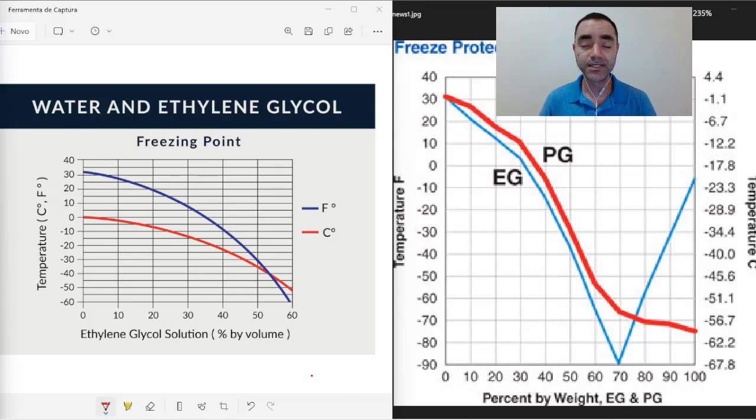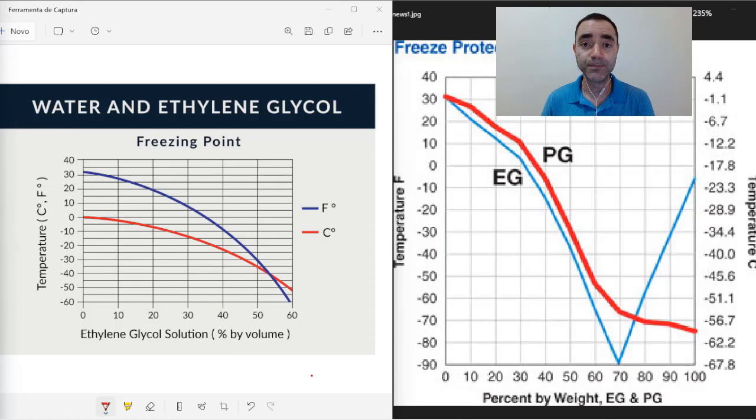When you add ethylene glycol to a solution of water, you decrease the freezing point of this water. And based on that, you are able to operate below 0 Celsius degree, like minus 10 Celsius degree, minus 20 Celsius degree, depending on the amount of ethylene glycol that you add to your fluid.